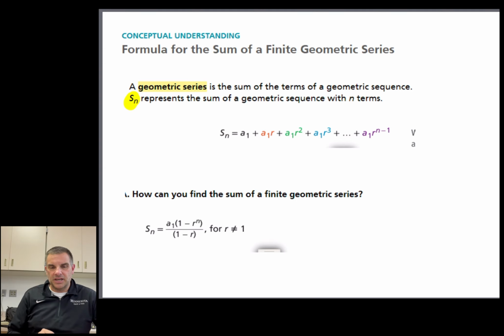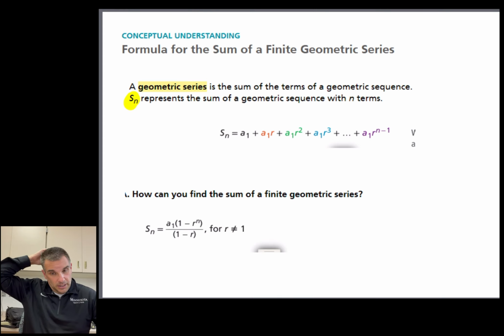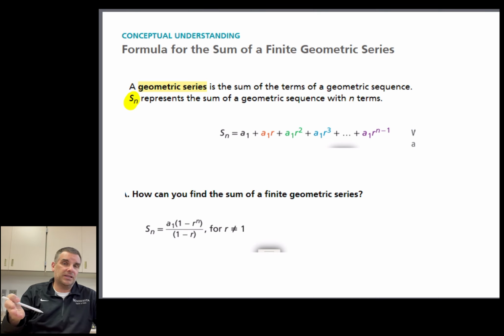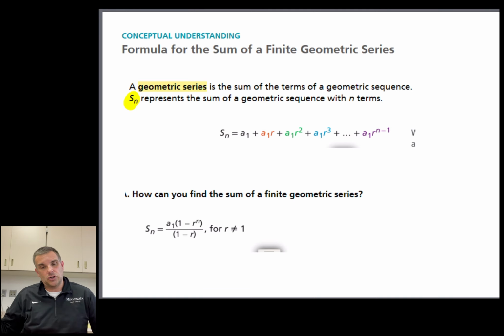S of n represents the sum of the geometric sequence up to that term. In the last one, I found S of 5, the sum of the first 5 terms of that sequence. Just like A of n meant the value of that term in that sequence, S of n means the value of the sum of that many terms.